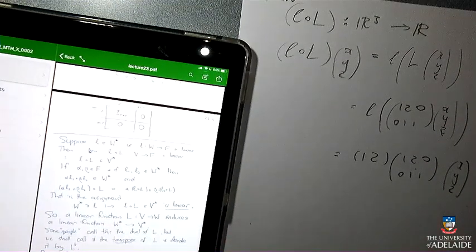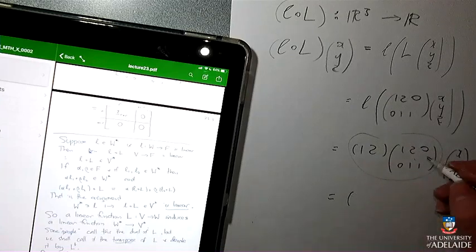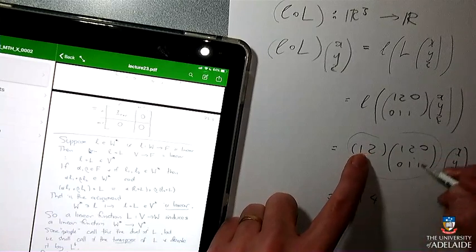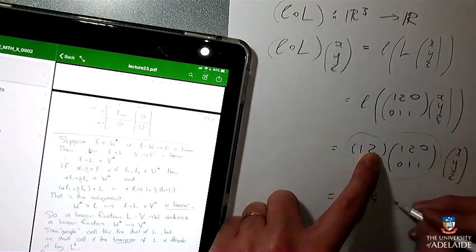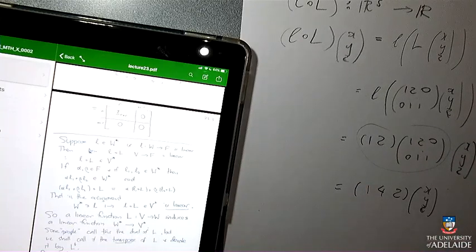Okay, which is this? Which is a perfectly good function from R3 to its field.